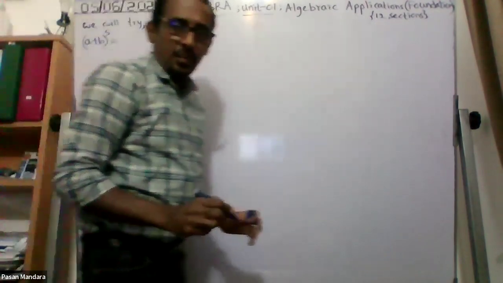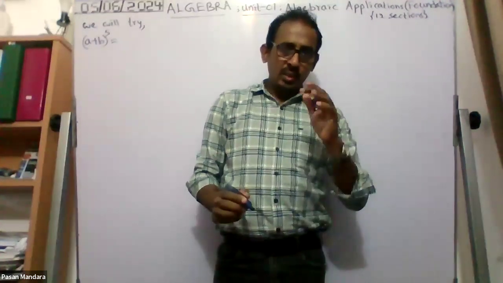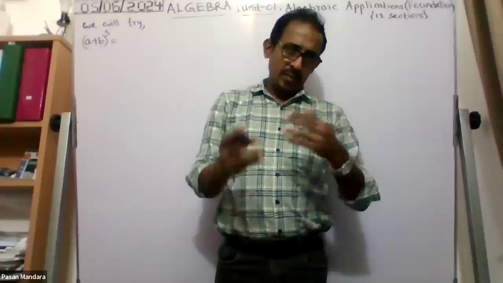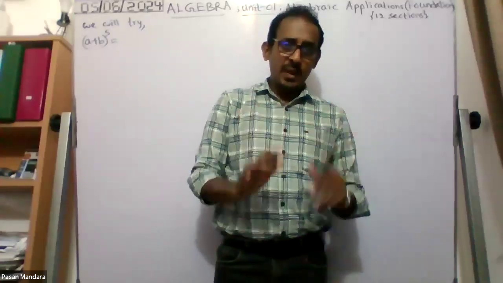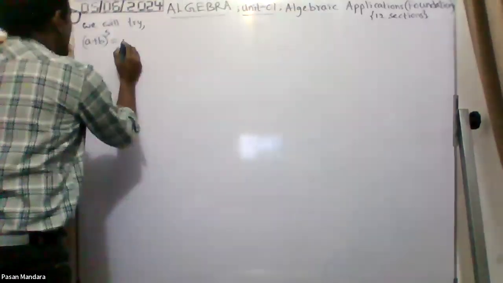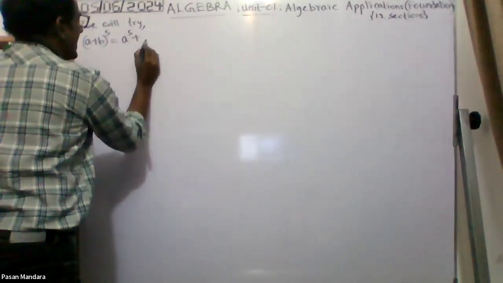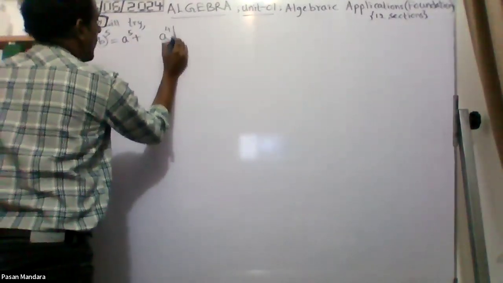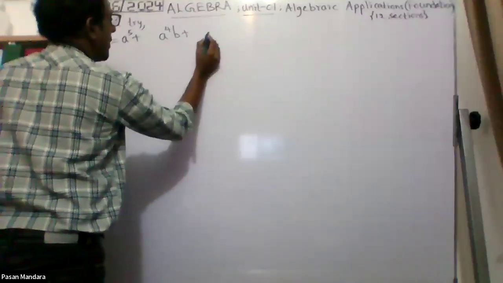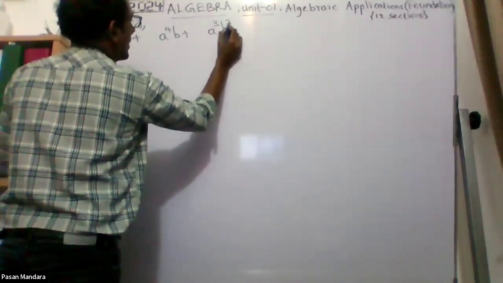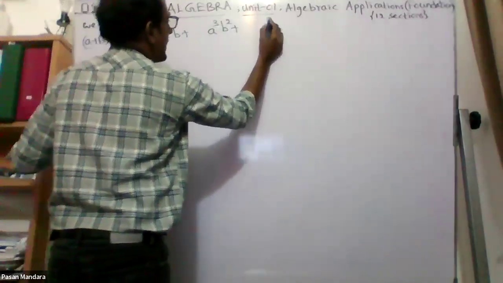Now, a plus b to the power 5, students. Using the first two rules, you write it in this manner: first a^5 plus, leave a gap, a^4 b plus, leave a gap, plus, leave a gap.